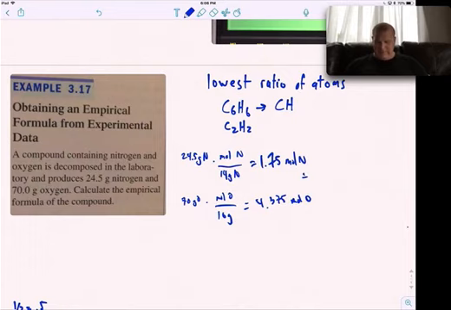Now we've got to divide both sides by 1.75, and we do that to get the lowest ratio. 1.75 divided by 1.75, that's easy. But oxygen, let me divide that by 1.75. And then we have 1 mole nitrogen to 2.5 moles oxygen. And you're like, I'm done, and I'm happy.